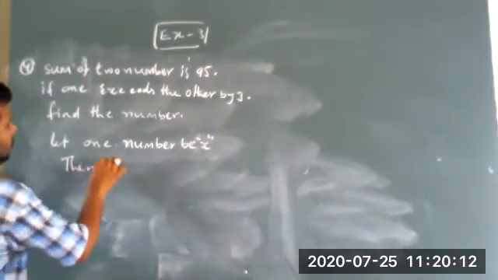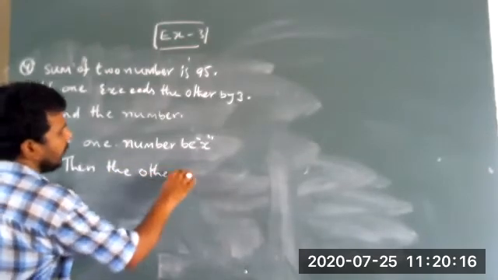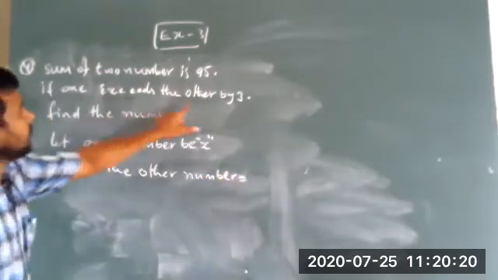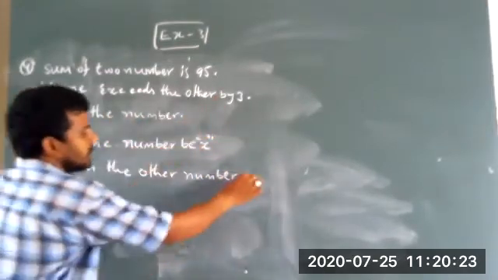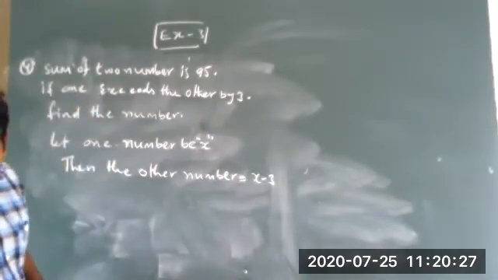The other number exceeds by how much, children? 3. That means x minus 3. Exceeds means subtraction. x minus 3.